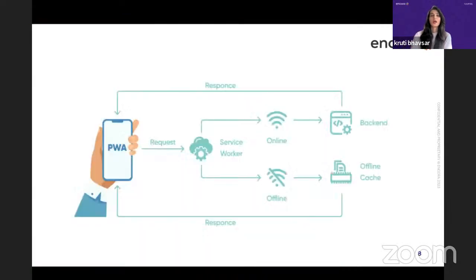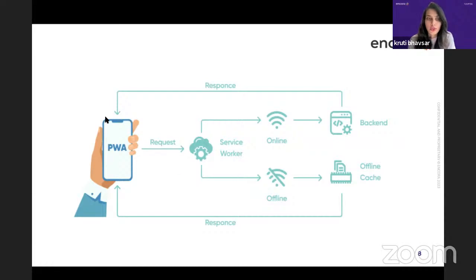Okay, so this is the flow of PWA. The major part here for a PWA is the service worker. We will learn more about the service worker in forward slides, but here let's understand this flow.